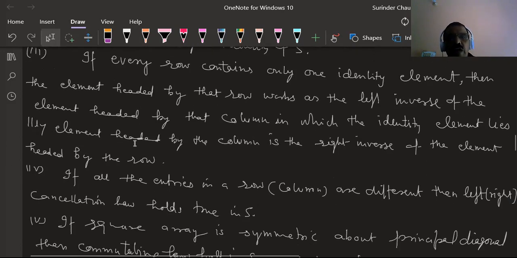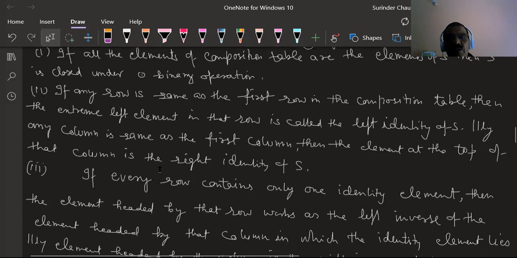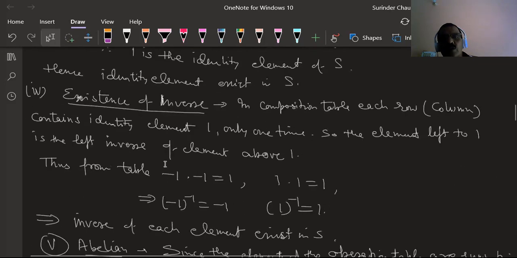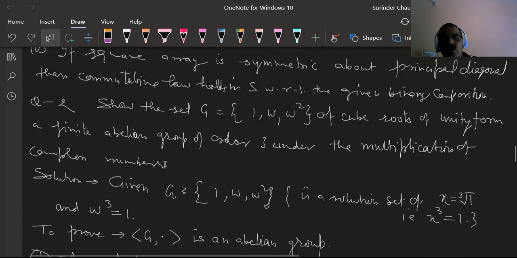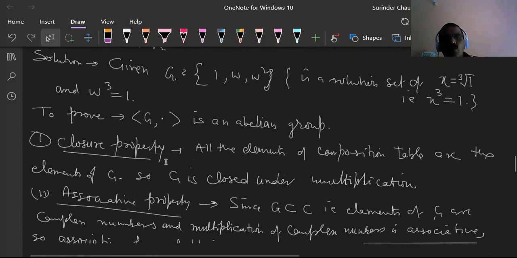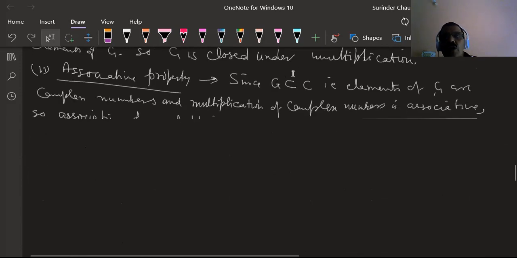Similarly, the element heading the column is the right inverse of the element heading the row. That is, if you go to the composition table of this, so this is true. Associativity is also true.